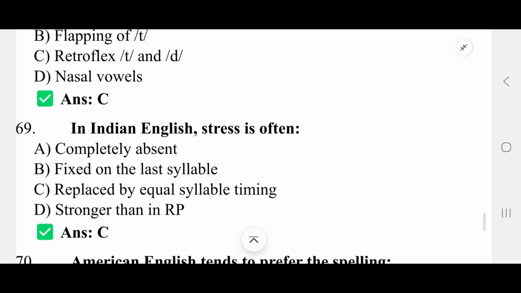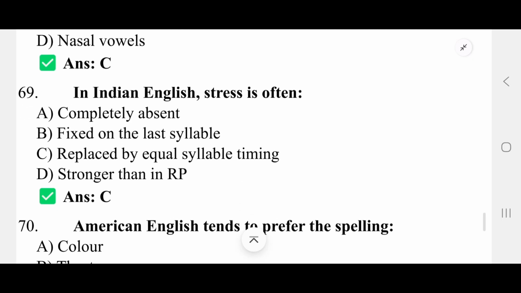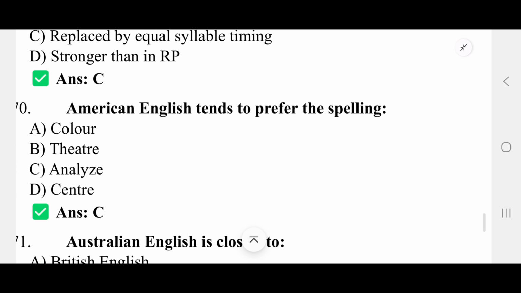Retroflex t and d. In Indian English, stress is often completely absent, fixed on the last syllable, replaced by equal syllable timing, stronger than in RP. So option C is the right answer. In Indian English, stress is often replaced by equal syllable timing.